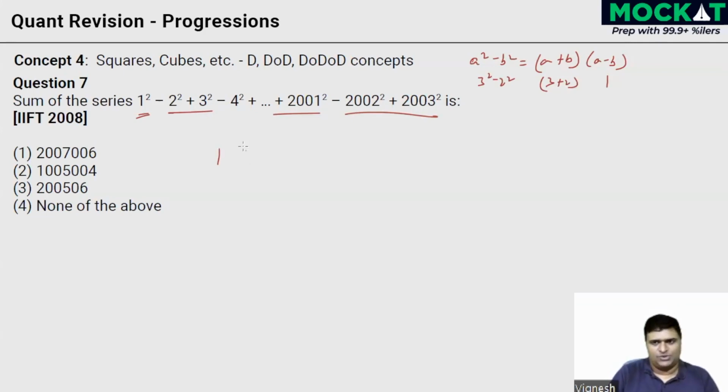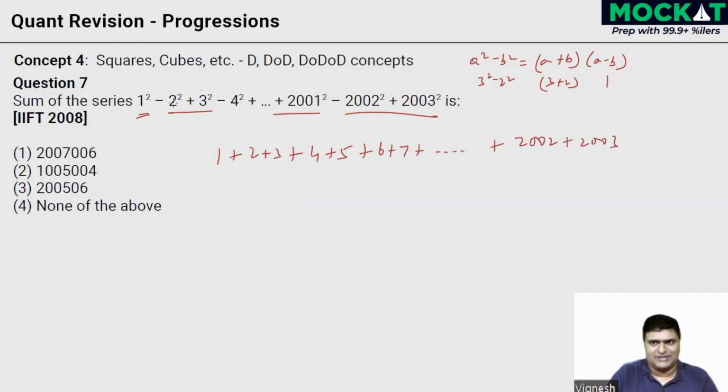So 3 square minus 2 square is nothing but 2 plus 3, right? Next, 5 square minus 4 square is just going to be 5 minus 4, which is 1, into 5 plus 4. I can write it as 4 plus 5. Next up, I can write it as 6 plus 7. And this continues. And what do we get towards the end? 2003 square minus 2002 square is simply 2002 plus 2003.